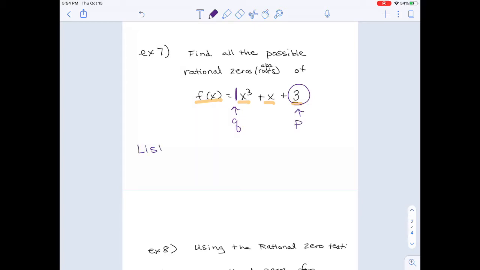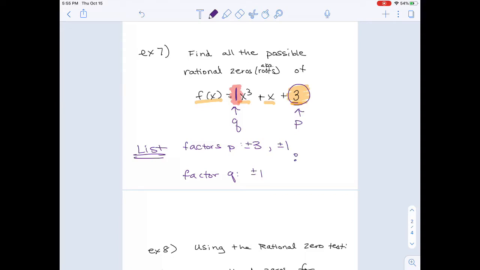So to list all the possible roots, we're going to take all the factors of p and put it here, and all the factors of q and put it here. So here's our factors of p: factors of 3 are 3 and 1, and remember, factors can also be plus or minus. And all of our factors of q are just 1, so we just say plus or minus 1.